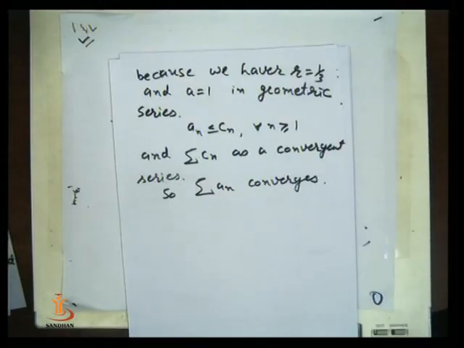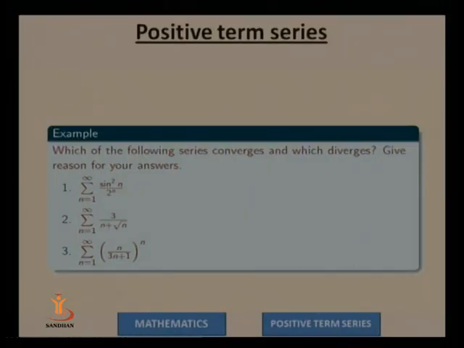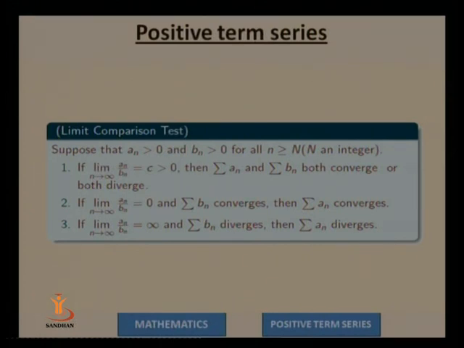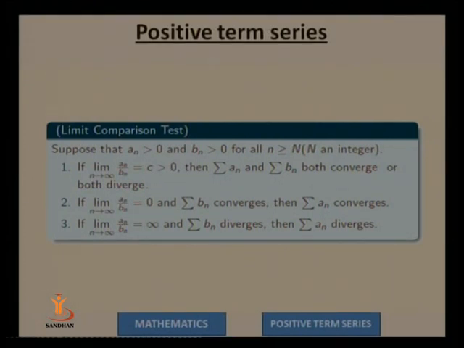Now let us see the next result, again for a positive term series, and that result is the limit comparison test. Limit comparison test says that if a_n and b_n are both positive for all integers n greater than or equal to some finite integer N, and if limit n tends to infinity a_n upon b_n equals c, where c is greater than 0, that is, c is always positive, so c is not equal to 0, then summation a_n and summation b_n both converge or both diverge.